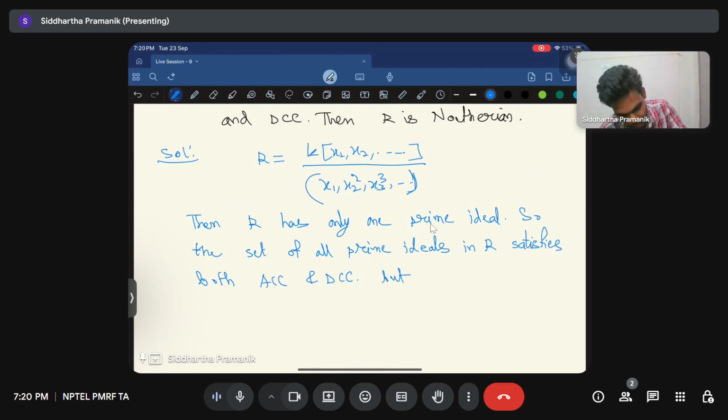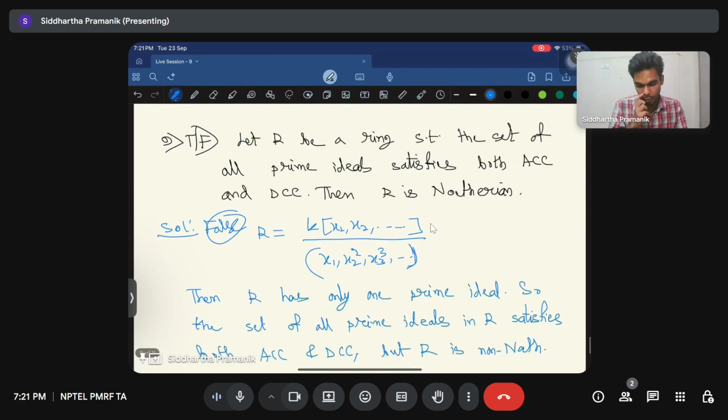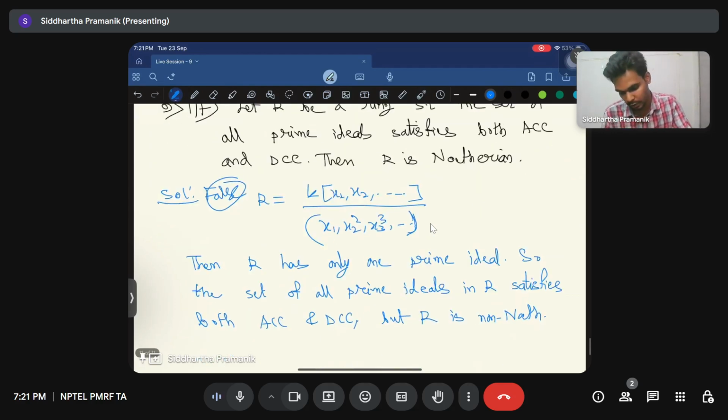But R is not Noetherian. So this statement is false. So the converse is not true. This particular example gives a counterexample for so many things. So it is an important example.